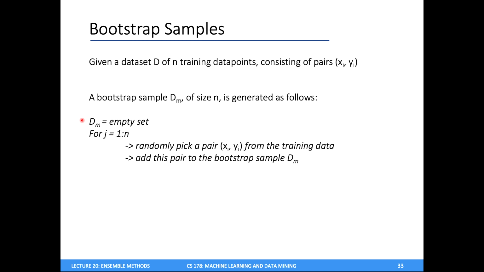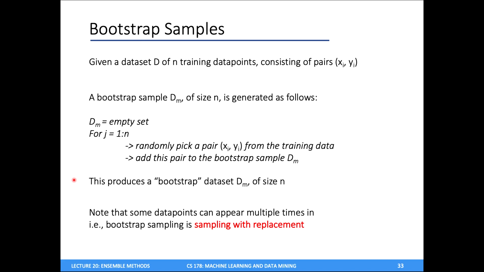We initialize D sub m as an empty set, and then we iterate n times. In each iteration, we randomly pick a pair from the training data, just a random row in my data matrix, and add this pair to the bootstrap sample D sub m. In other words, we're creating a new data set having the same size as my original, except I'm sampling with replacement. So the same data point can now appear multiple times in a bootstrap sample.